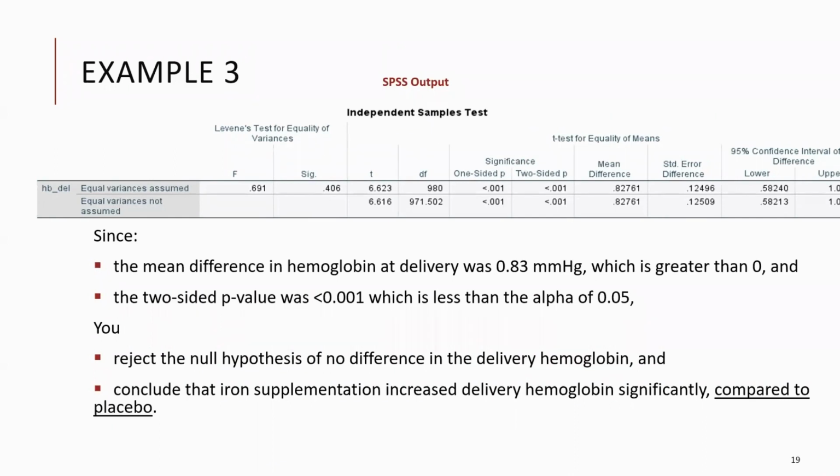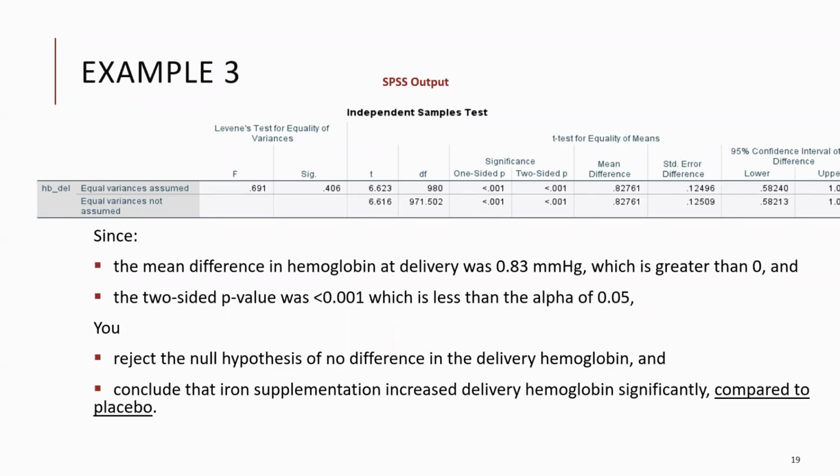So we go to the interpretation of the results, and look at it once again to see what the mean difference in hemoglobin was at the time of delivery. Remember, as usual, our null hypothesis is that there's no difference, while the alternative is that there's a difference.